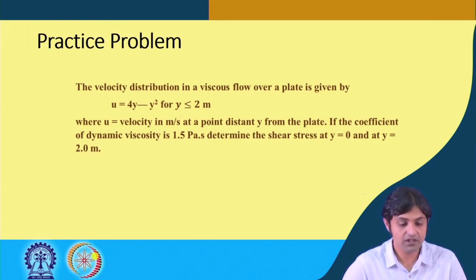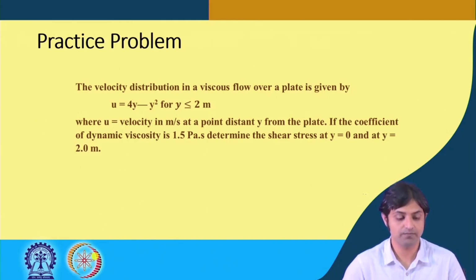So, the question says the velocity distribution in a viscous flow over a plate is given by u is equal to 4y minus y square for y less than 2 meters. Here u is velocity in meters per second at a point distance y from the plate. If the coefficient of dynamic viscosity is 1.5 Pascal second, determine the shear stress at y is equal to 0 and at y is equal to 2 meters.